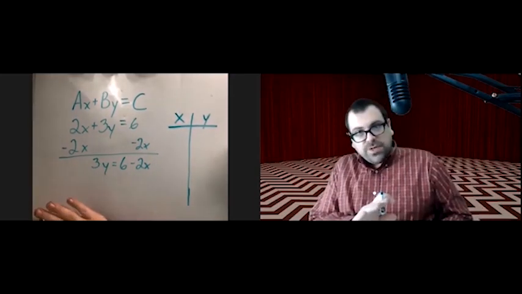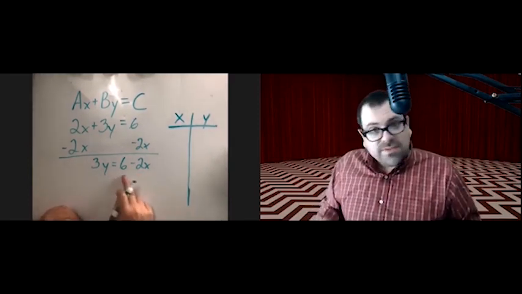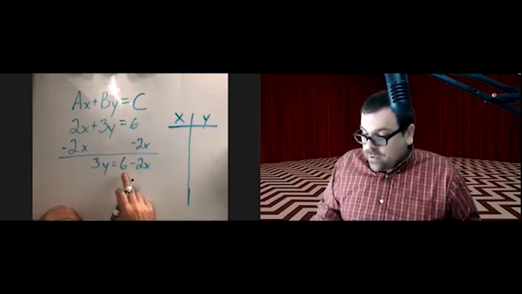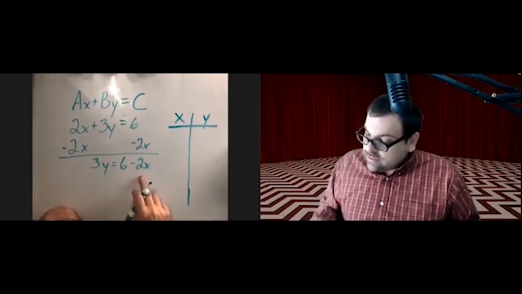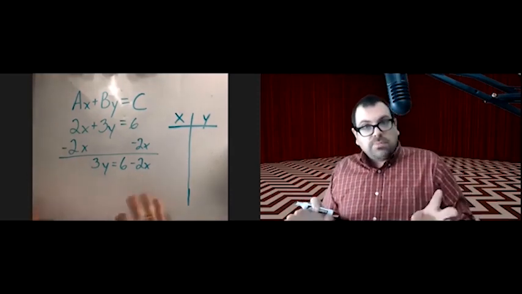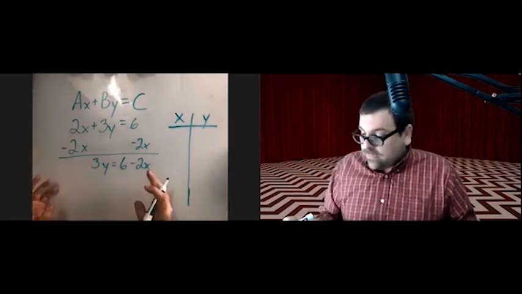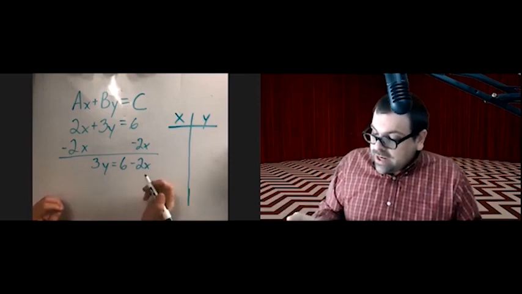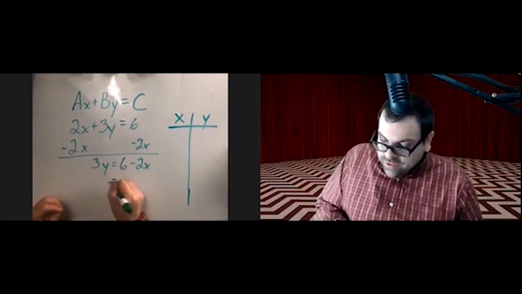Well, before we do this, let's get in the habit of doing something else. When we have something written like this with the x term second, let's go ahead and use our properties of addition, where we can add terms in any order. And let's go ahead and put the x term first.